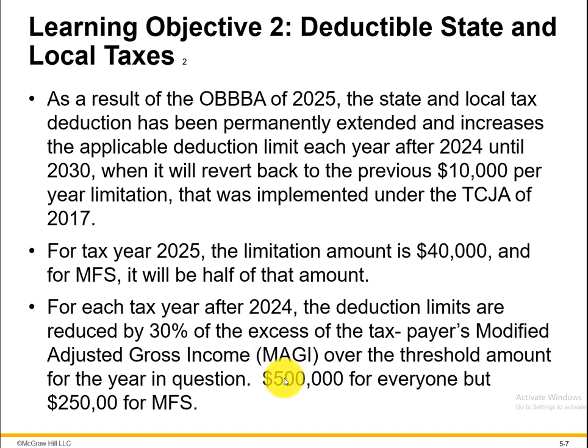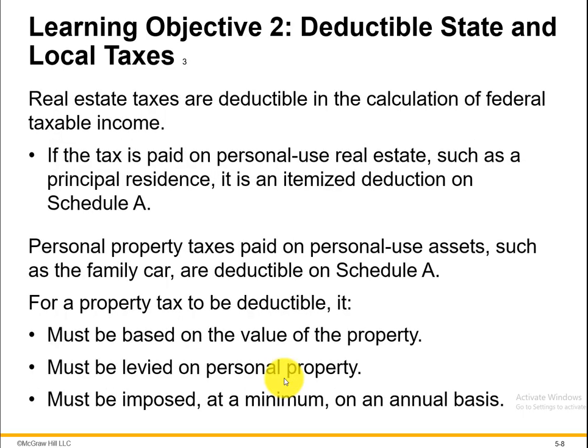Remember, that includes state and local taxes of all sorts: your income taxes, your real estate taxes, whichever. Now, some rules about your real estate taxes. Personal property tax is really where the rub comes. But on your real estate, you can deduct tax on as many pieces of property as you own. It is not limited. When we get to interest, we'll see that there's a limit on the amount of debt and things like that.